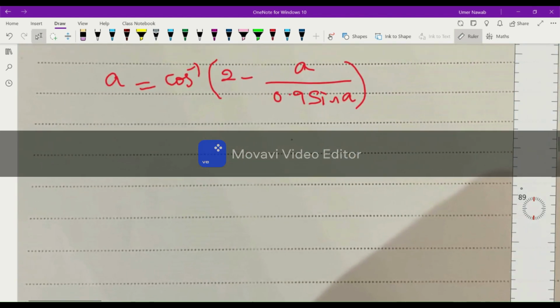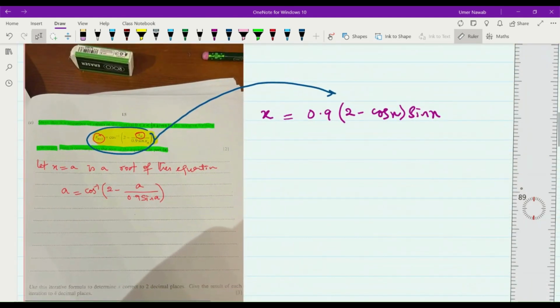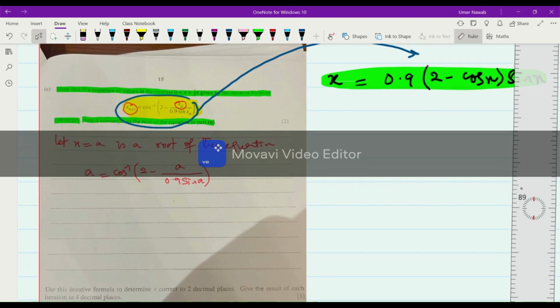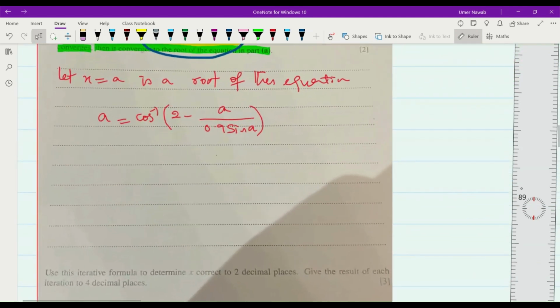Can we transform this equation into this form? Then I can say, yes, this formula is actually converging to the root of the original equation which we derived in the first part.